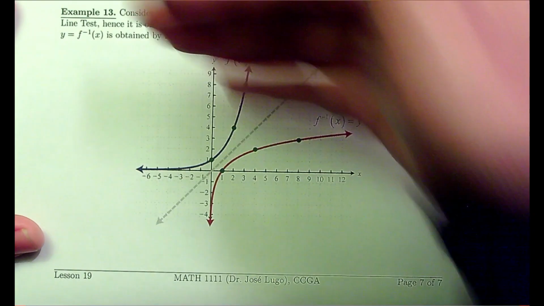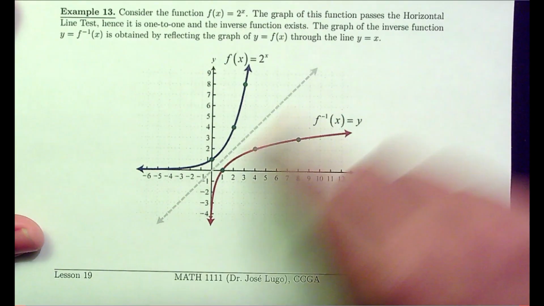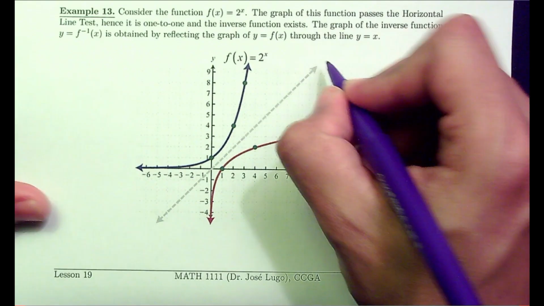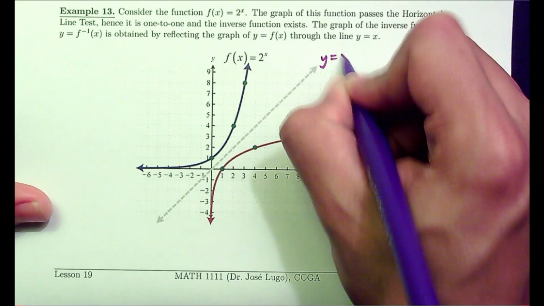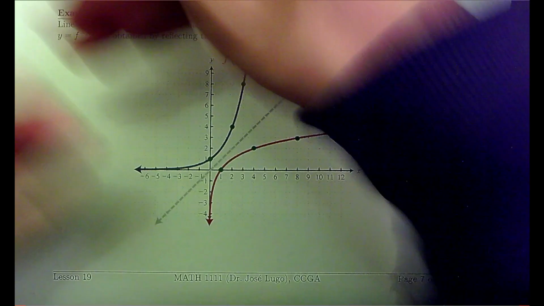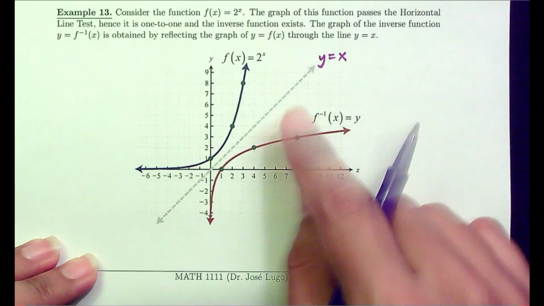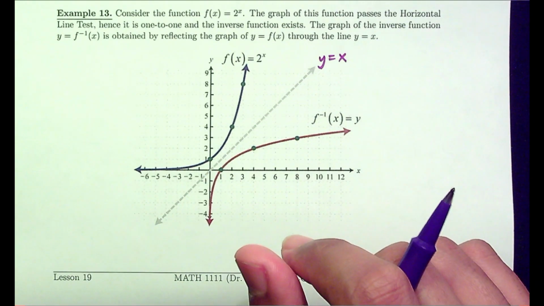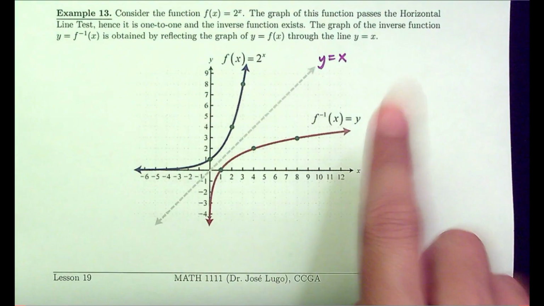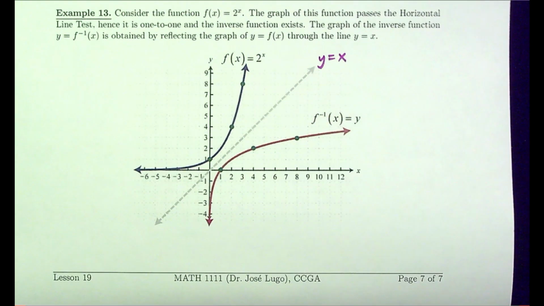You draw the line y equals x, which is this one right here in gray and dotted, and you reflect your graph through this line, and the mirror image of that, the reflection, is the graph of f inverse of x.